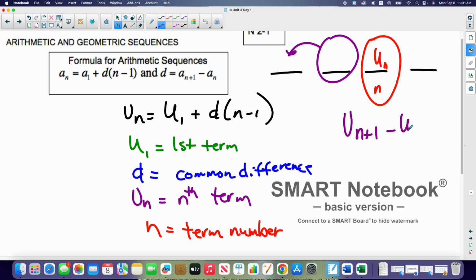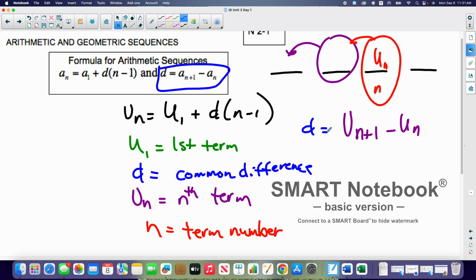So minus UN. So if this is UN, then this would be UN plus 1. That would be UN plus 2 if you wanted to do that. But I'm going to take this one minus that one. Or if I knew this one, I could subtract it from the one in front of it. So that's what I'm doing. I'm taking a number and subtracting the one before it from it. That's how I find my common difference. Okay? That's what it's saying right here.